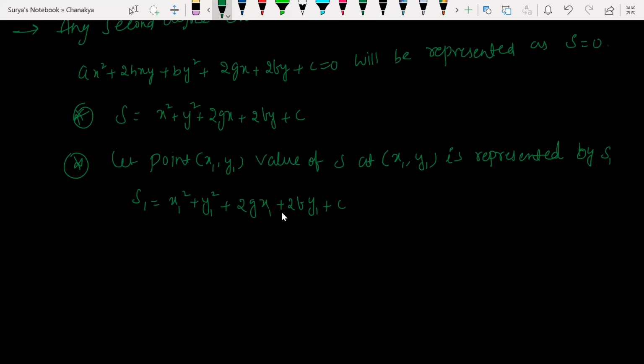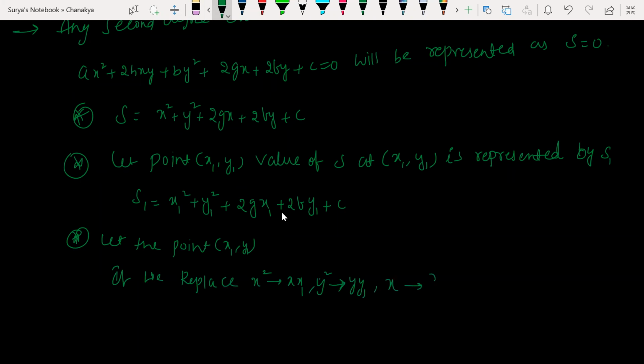If you take the point x1 comma y1, what we do is replace x square with x into x1 and y square with y into y1.